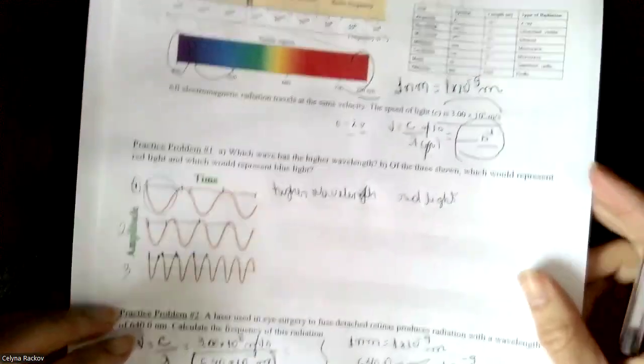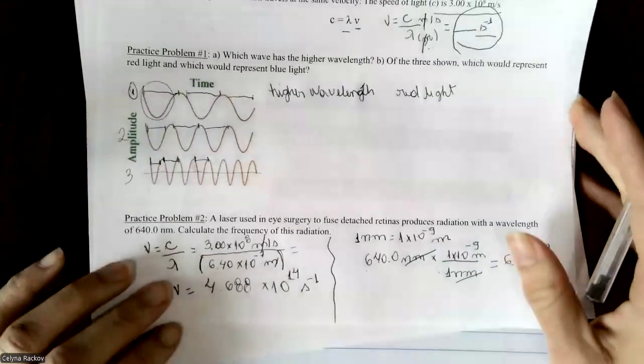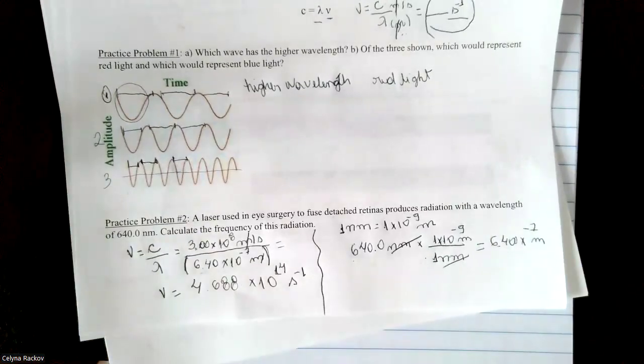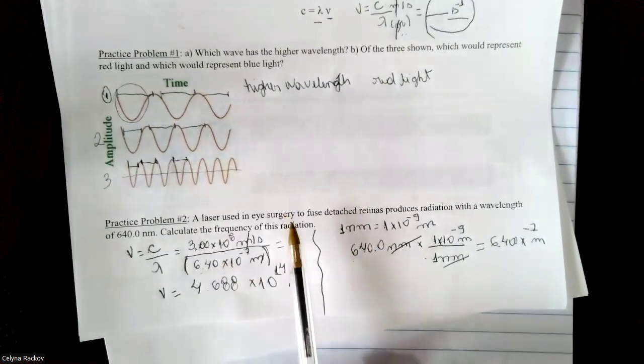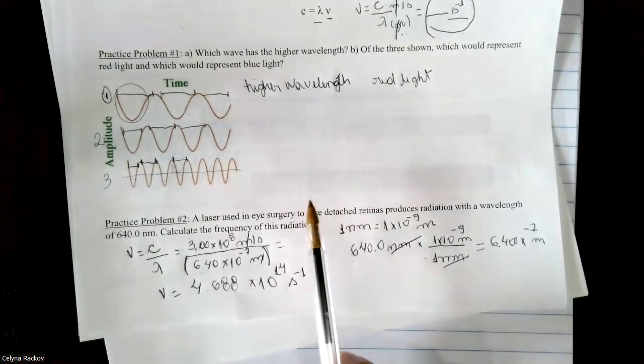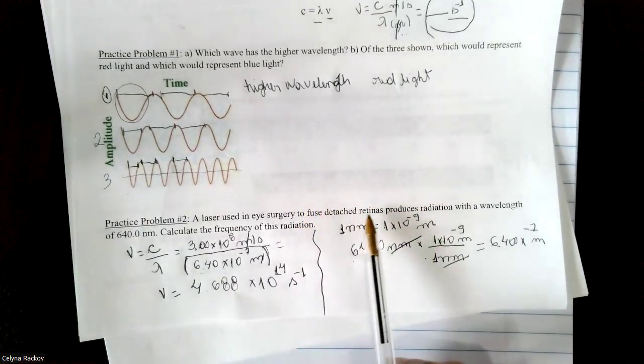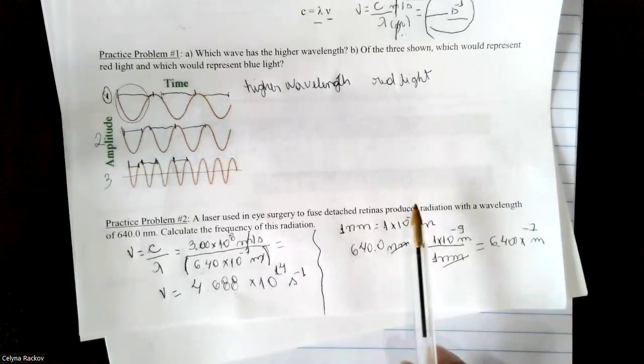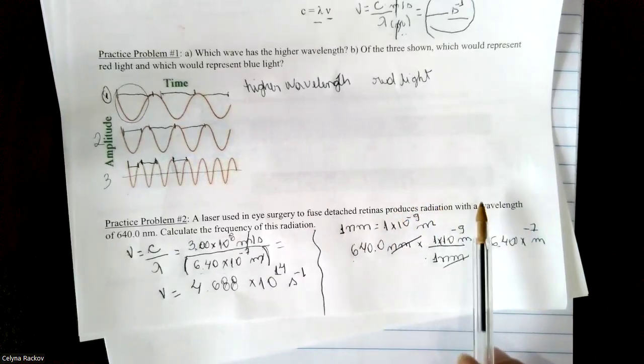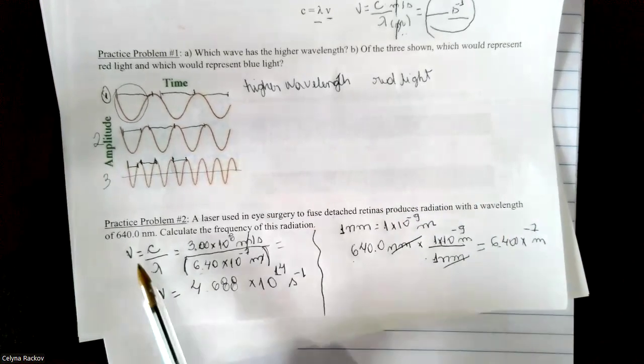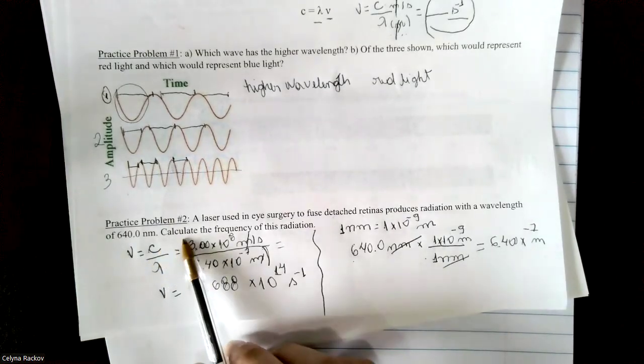Okay, all right. Then practice problem 2. A laser used in eye surgery to fuse detached retinas produces radiation with a wavelength of 640 nanometers.